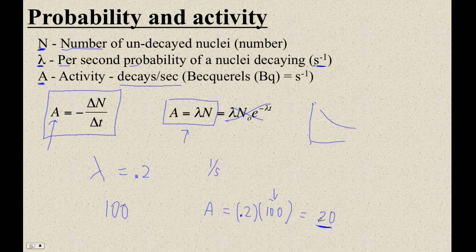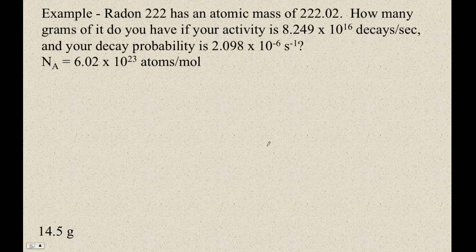So let me do an example problem here, and this one's going to be ugly. Here is our activity, that's how many decays per second. Ultimately, activity is equal to lambda n. Since I know the activity and I know lambda, I can figure out n.